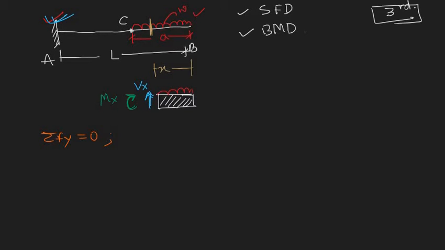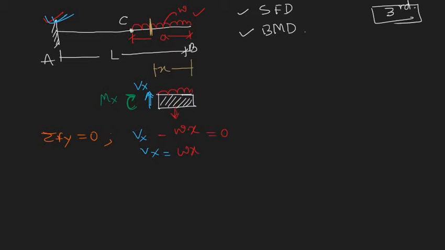This will give you the shear force, acting upward by our assumption, so positive, minus the UDL, that is w times x acting downwards. That is why this is negative, and this equals 0, and this gives us Vx equals wx. Okay, we have got it.